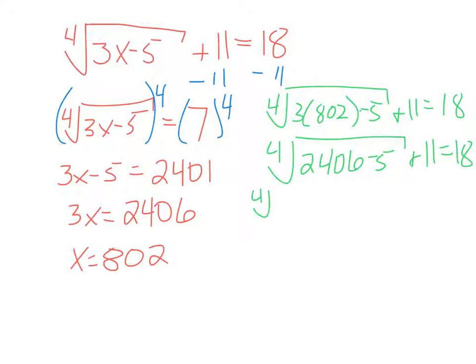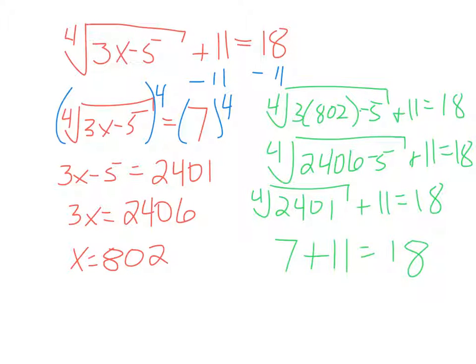And then we subtract 5, so we have the fourth root of 2401. Fourth root of 2401 is 7. Is that a true statement? All right, then we can accept it.